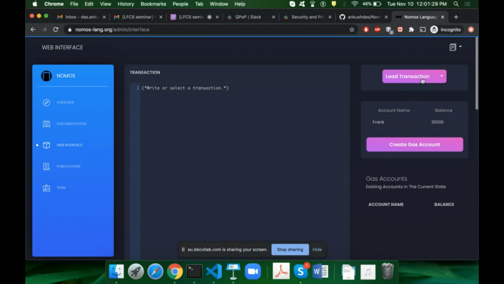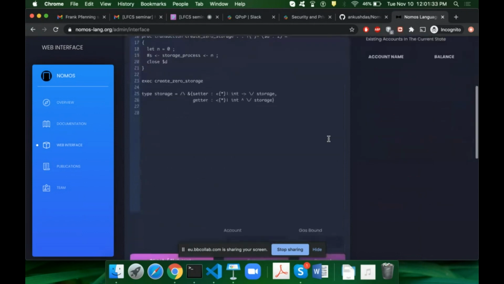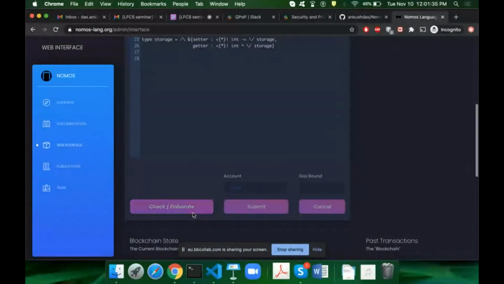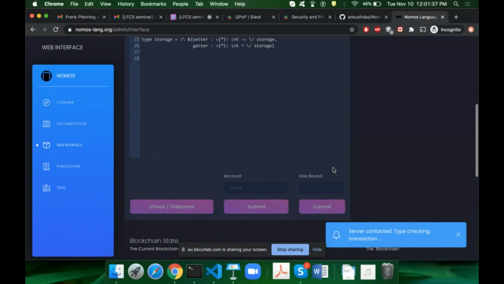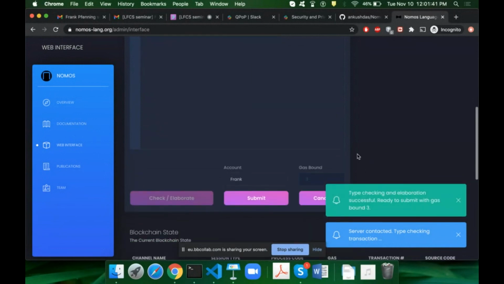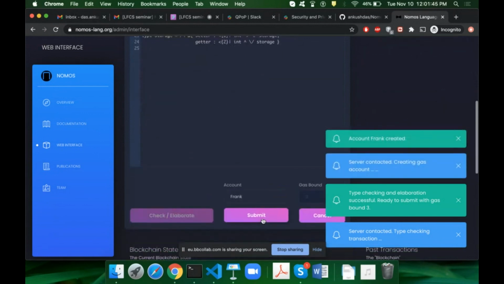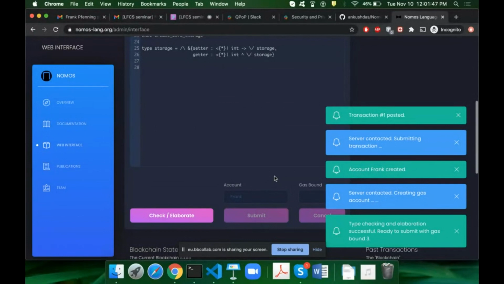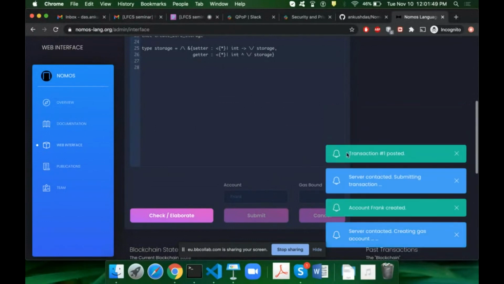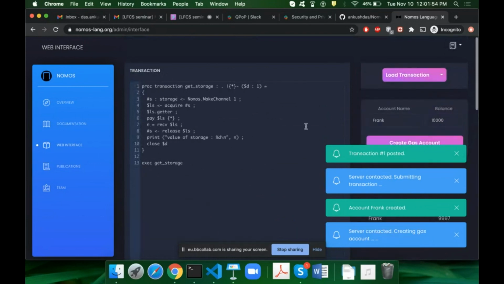Right now, if you check this transaction, it will say type checking successful, and then you can create some account and submit the transaction, and it will say transaction successful. This is, for instance, what the user code will look like.